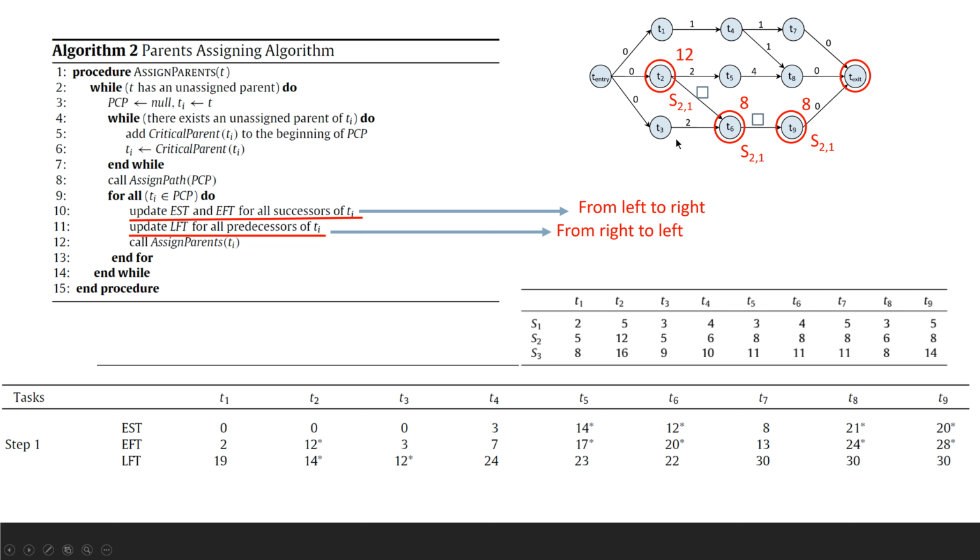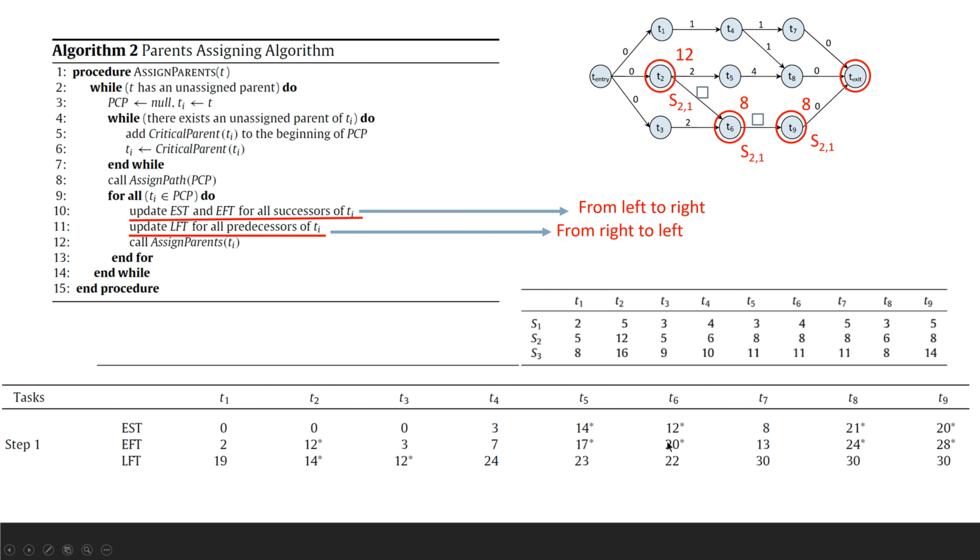But now we are going to update the LFT of the parents or predecessors of all tasks. You can see here only T3 is a predecessor of T6. For T6, we can get from T2 that it is 12, and the EST, I believe, is 12 as well, because it will take 8 to complete.